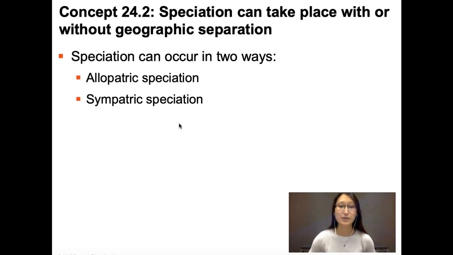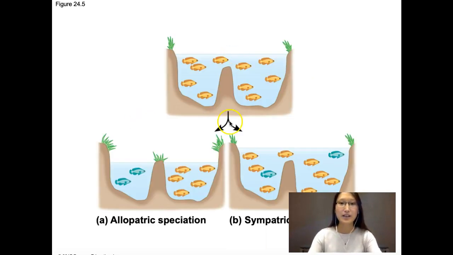And for allopatric speciation, the speciation process occurs because the two populations are being separated by a geographical barrier usually. So if you look at this picture right here, we have our original population. During allopatric speciation, the middle part of the water kind of went up a little bit, which is something that naturally happens within our ocean.